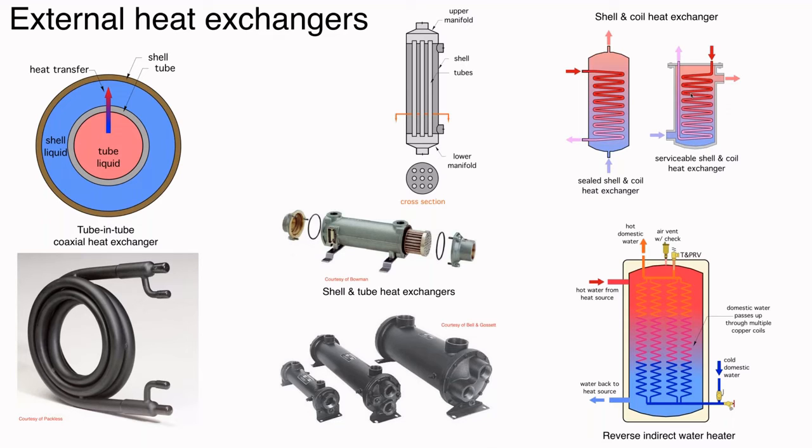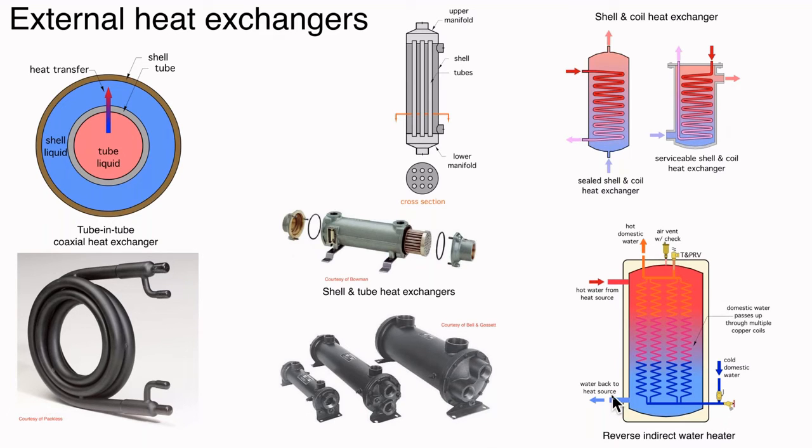It splits up, flows up through these coils, is collected by the upper header, and goes out to a domestic hot water load. The heat source, typically a boiler, although it could be anything, is injecting hot water into the shell here. And again, it flows down through and comes back out.